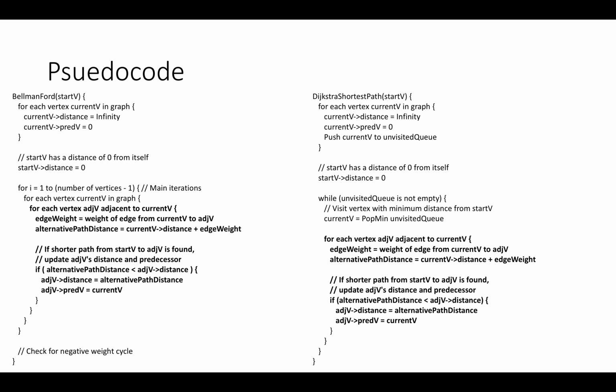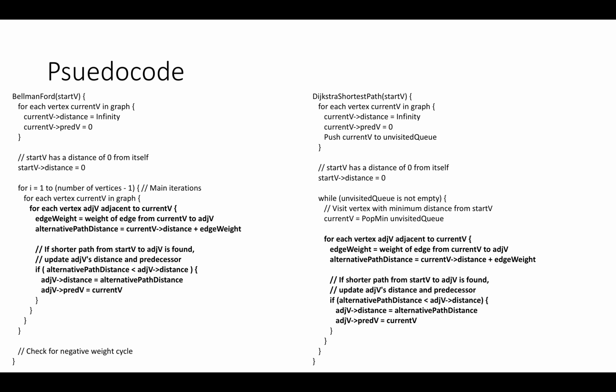All right, so what we have here is the Bellman Ford pseudocode, or a good chunk of the pseudocode for Bellman Ford on the left-hand side, and on the right-hand side we have Dijkstra's pseudocode. The bold bit right down here is really the heart and soul of Dijkstra's as we know it.